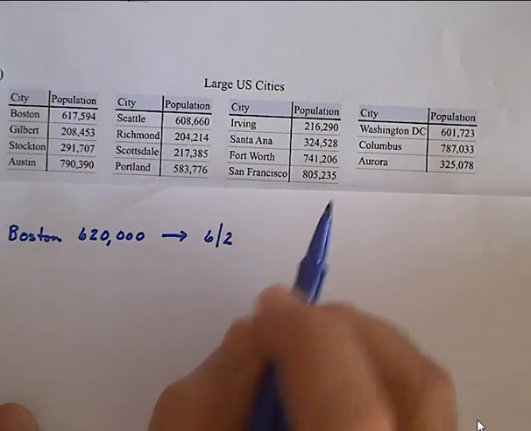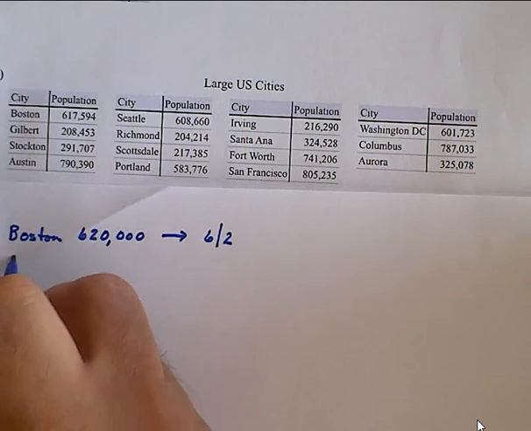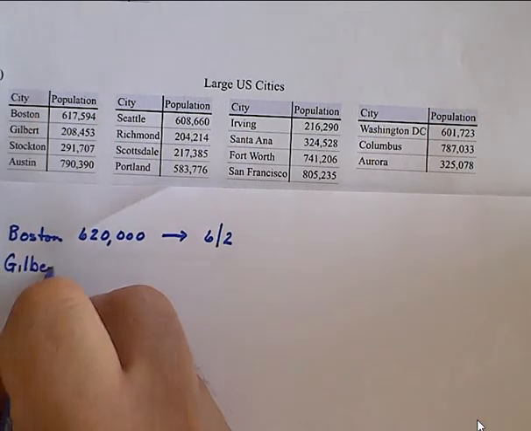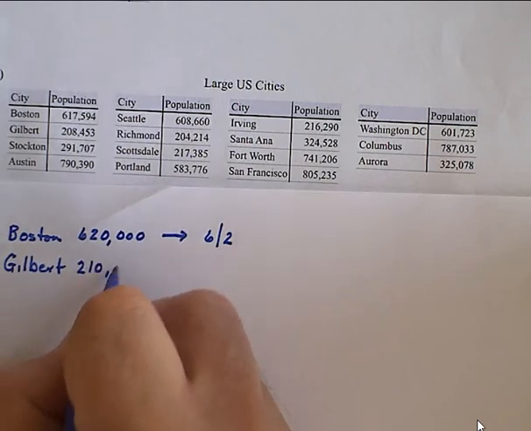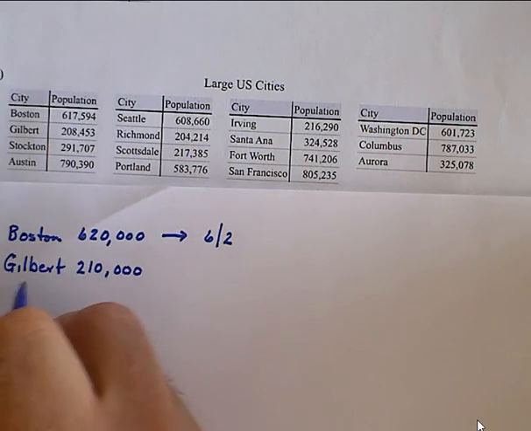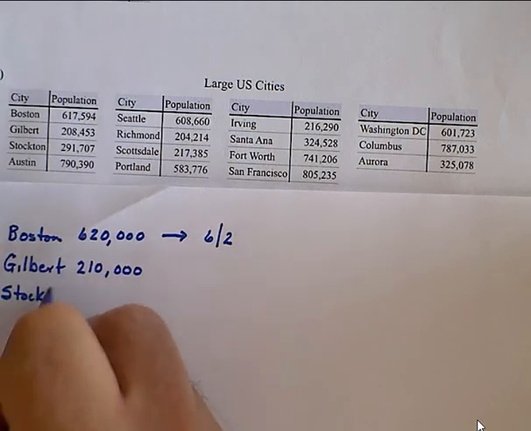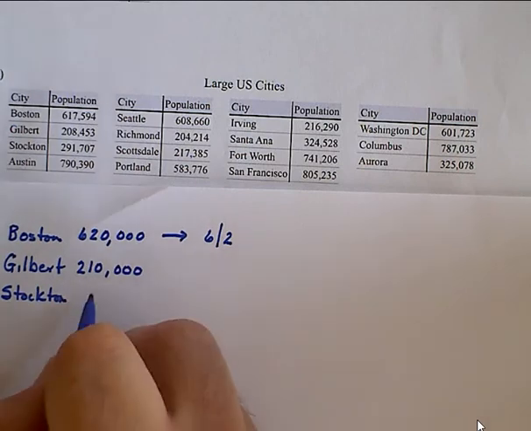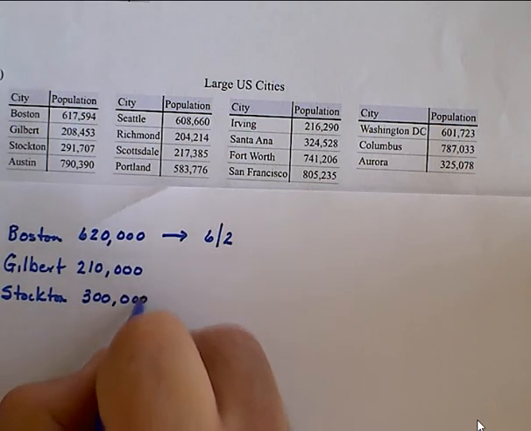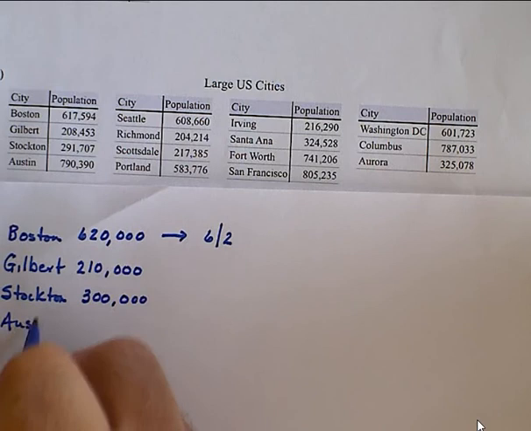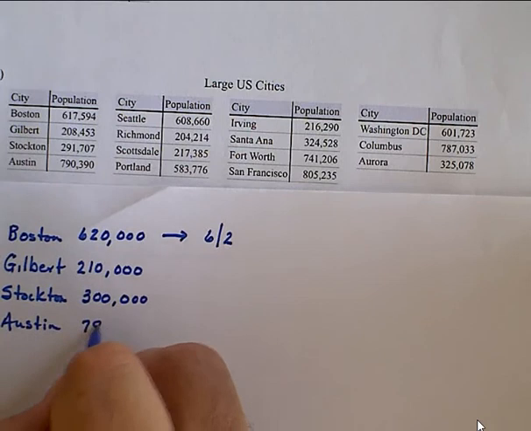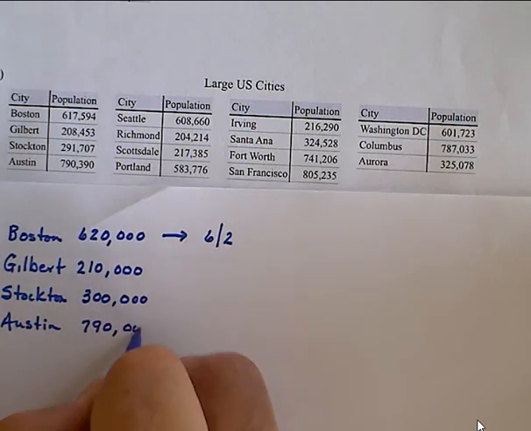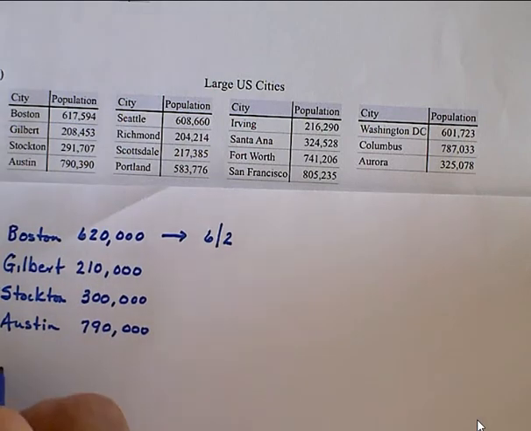For Gilbert, I'm going to use 210,000. For Stockton, I'm going to round that up to 300,000. And for Austin, I'll use 790,000. Okay, so continue that process.